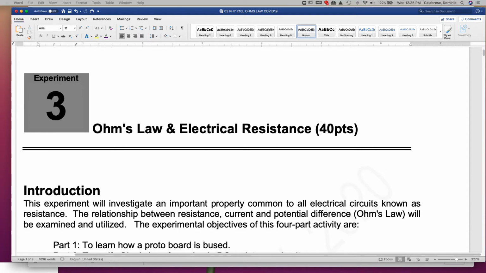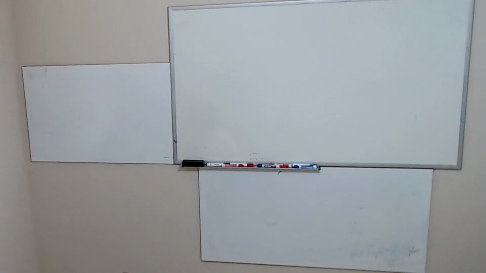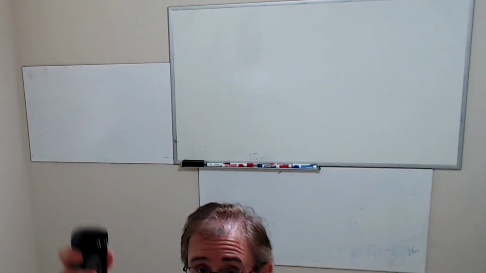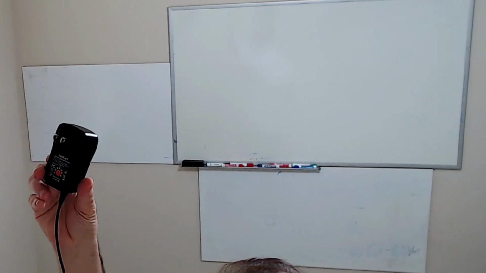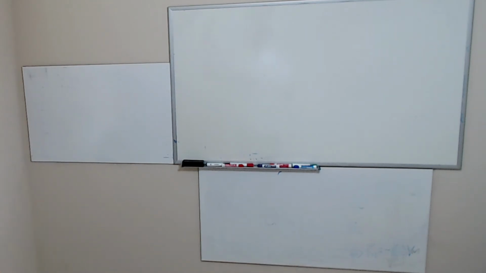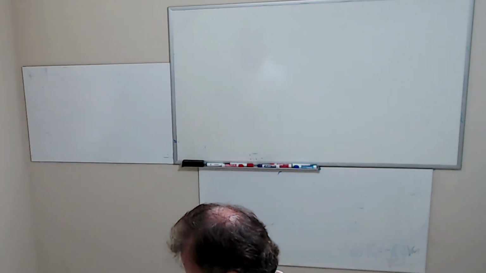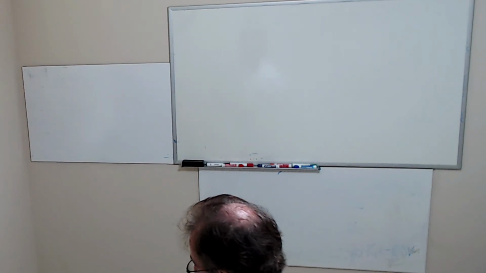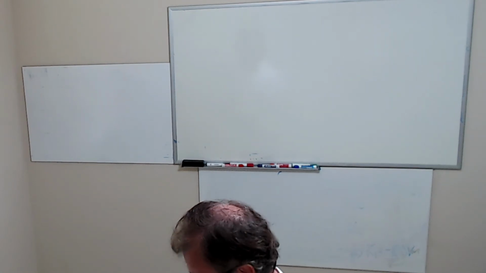So let me change views. The power supply that you're given, the adapter looks like this, okay? And it actually has, and for some reason I can't count, there's actually 7 voltage settings, not 6. For some reason I counted 6, okay?